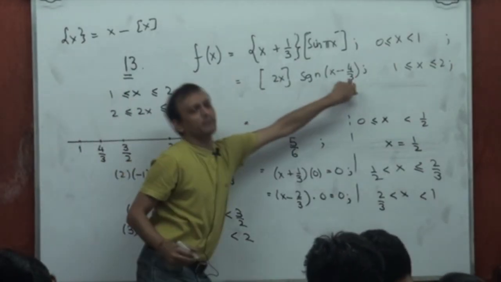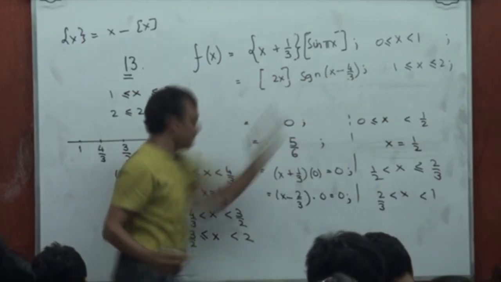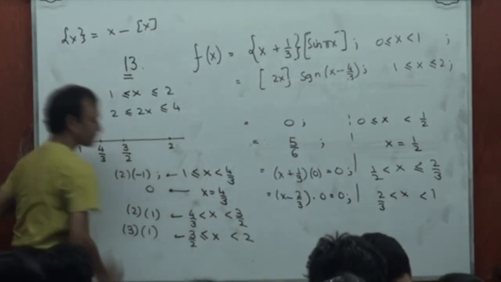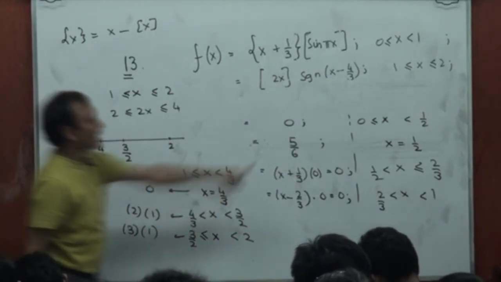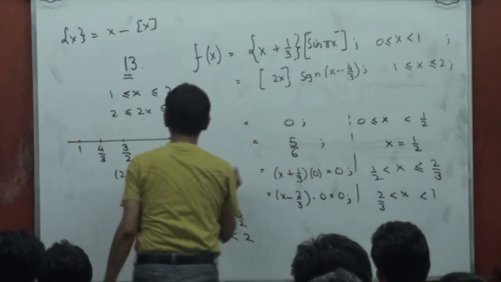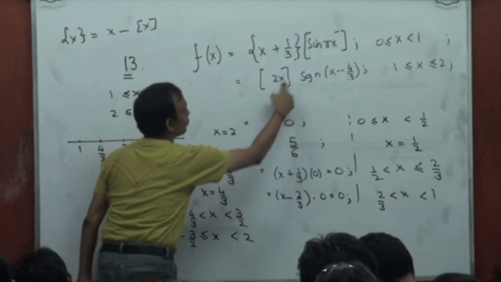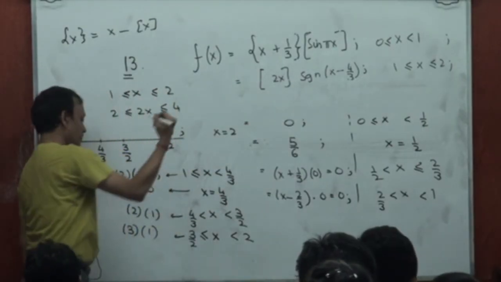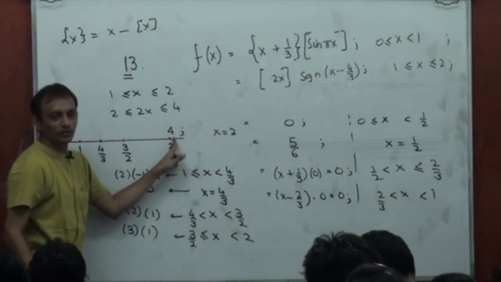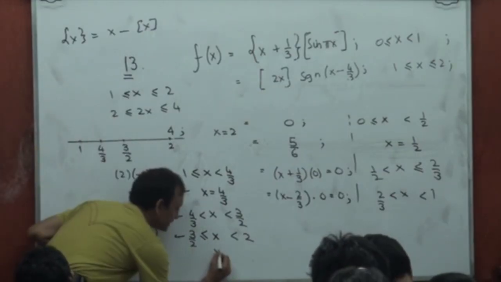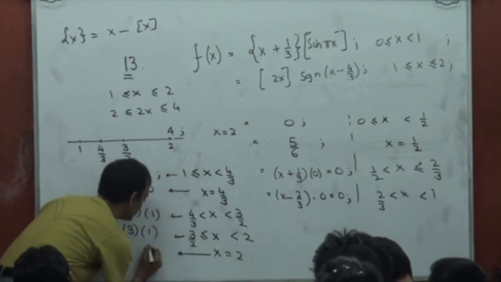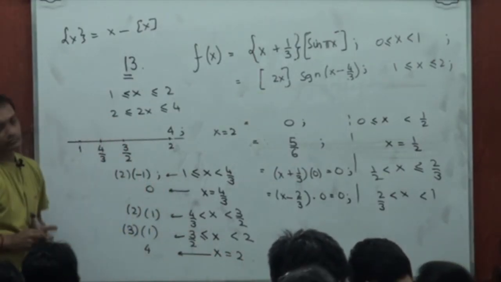And signum would be 1 because anyways it's greater than 4/3. And then last bit, at x equal to 2, the function assumes a value equal to 4.